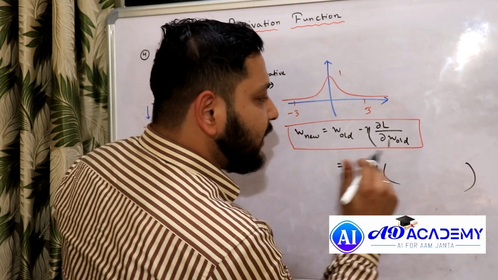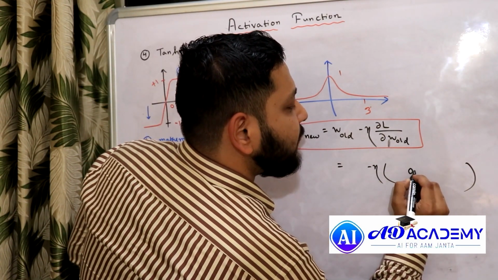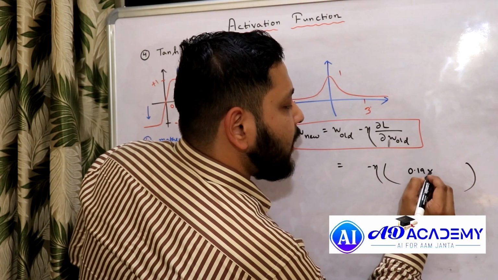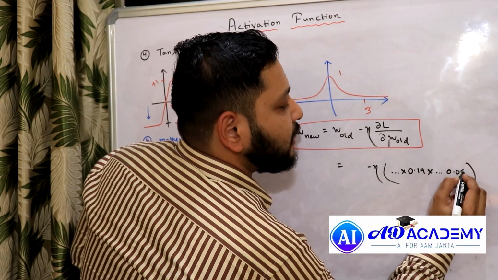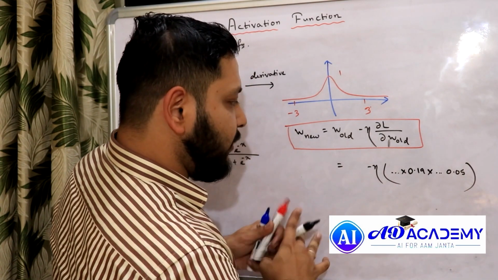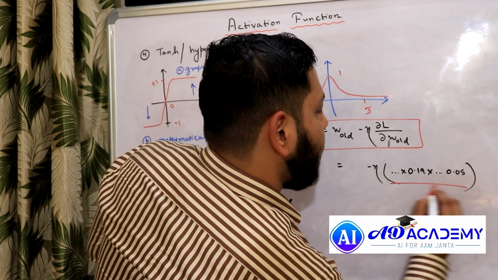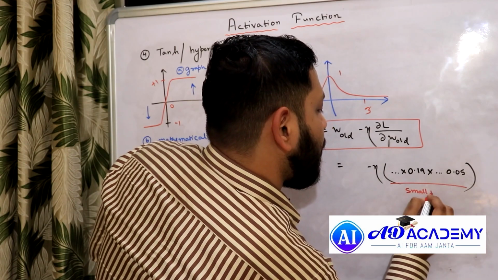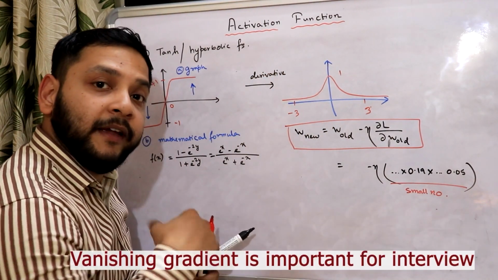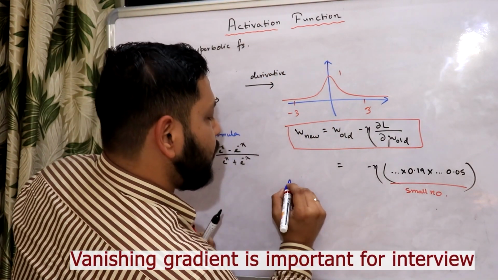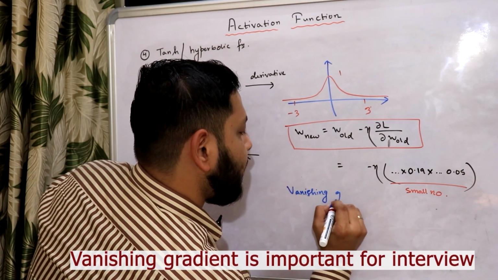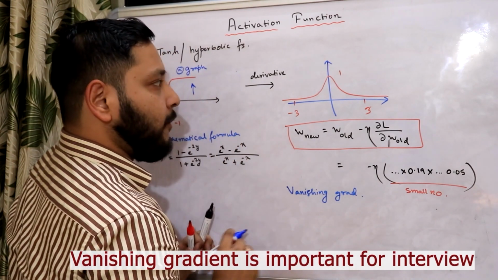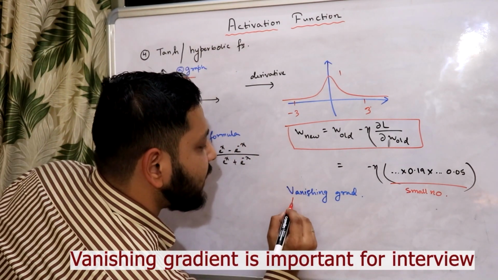And as a result, in this chain rule, some values come like this, for other weights maybe it can come like this, and as a result this will become a very small number. And similarly, as I have explained earlier, this will lead to vanishing gradient problem, which is one of the disadvantages.